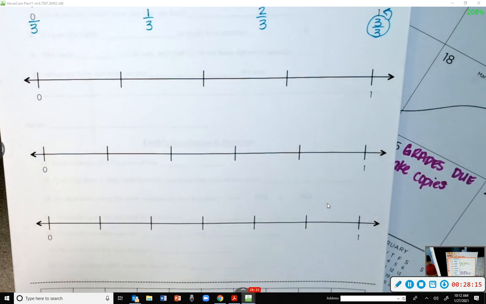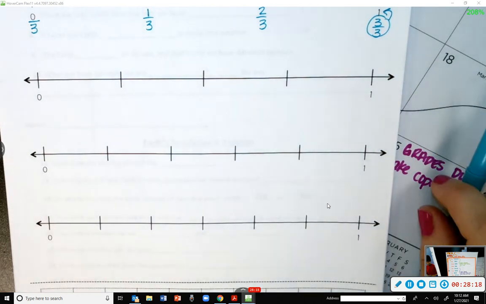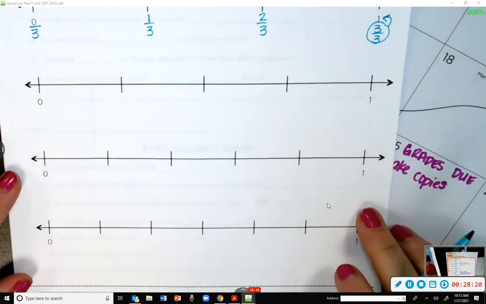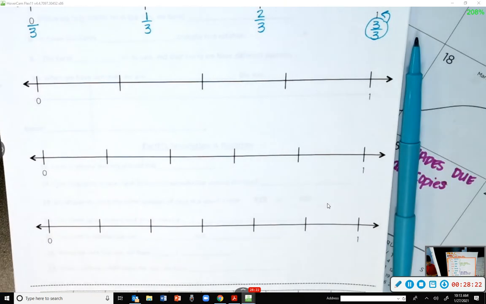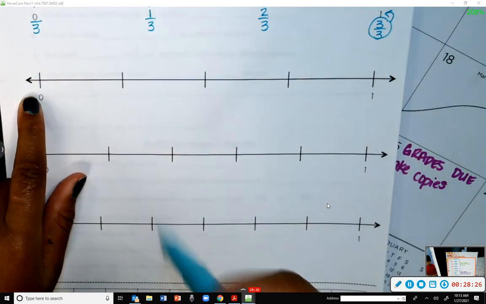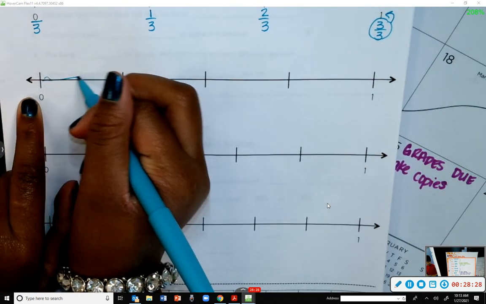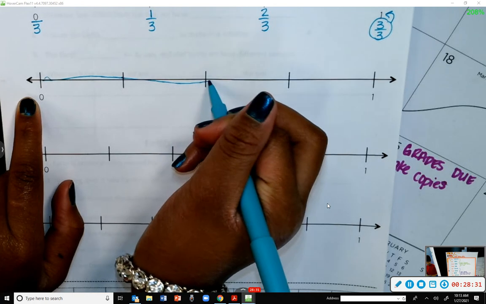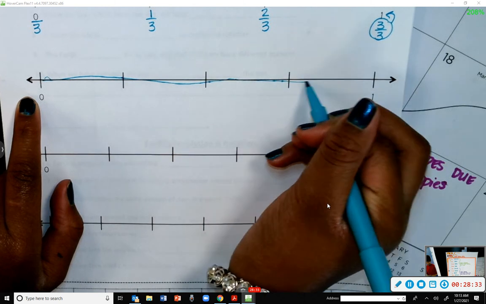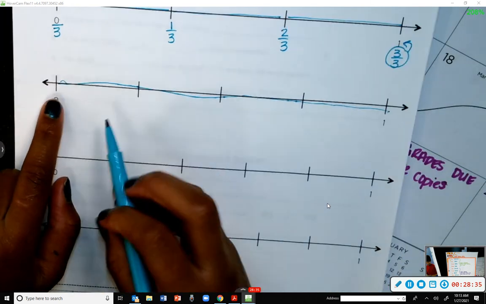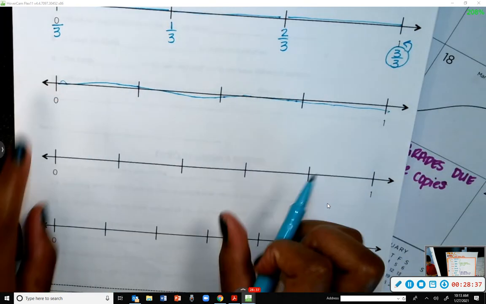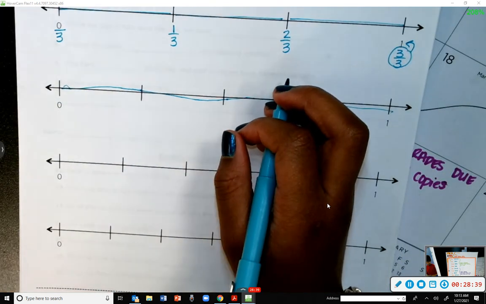All right, Kelsey. 1/3, 2/3, 3/3, 4/3. Oh, count your spaces. How many spaces did you count? Just 4 spaces.